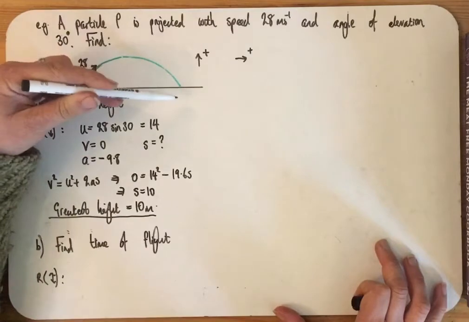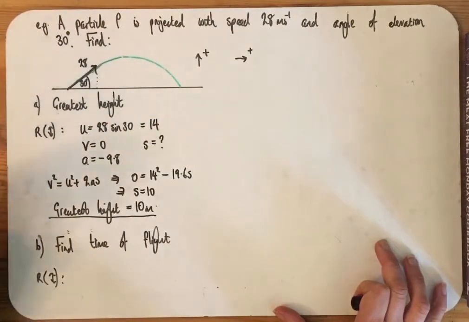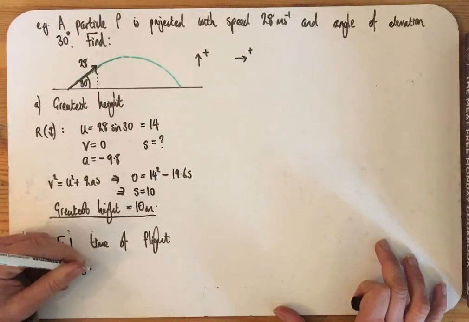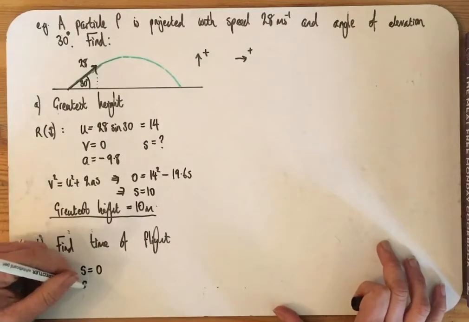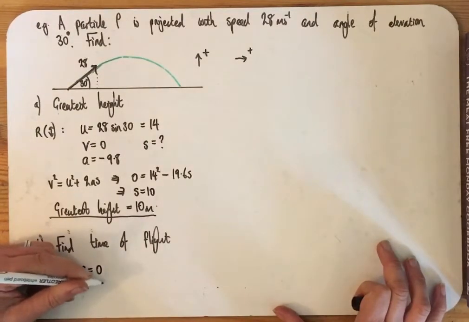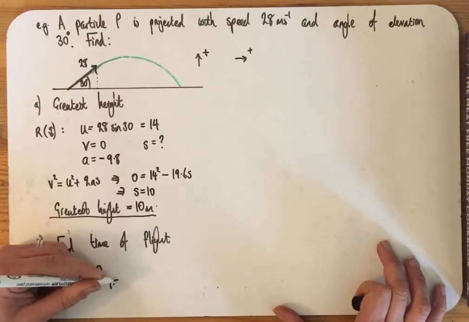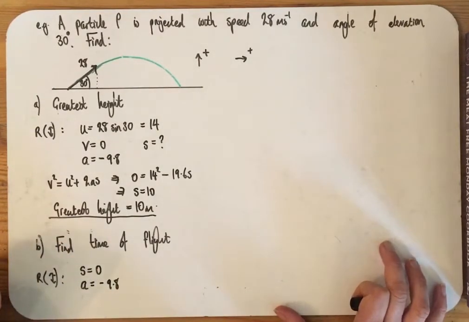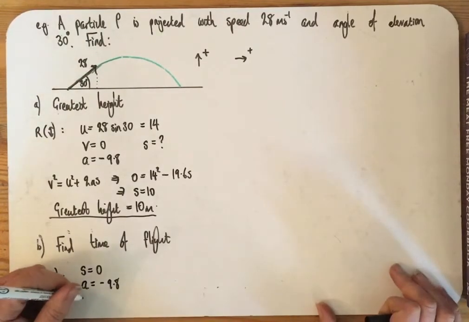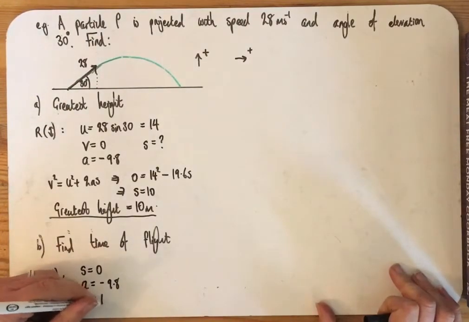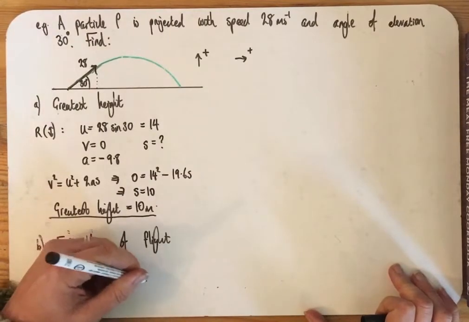And so the overall displacement is equal to 0. a is negative 9.8. And we know that u is equal to 14. And we want t.